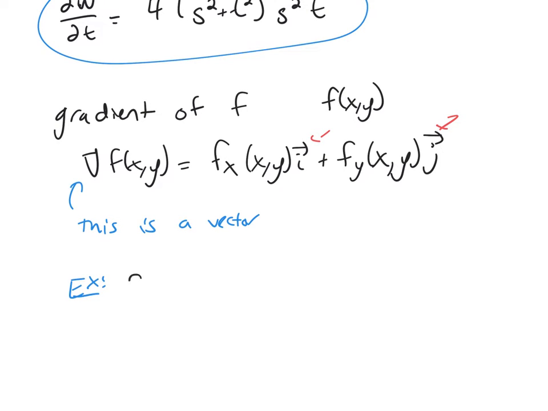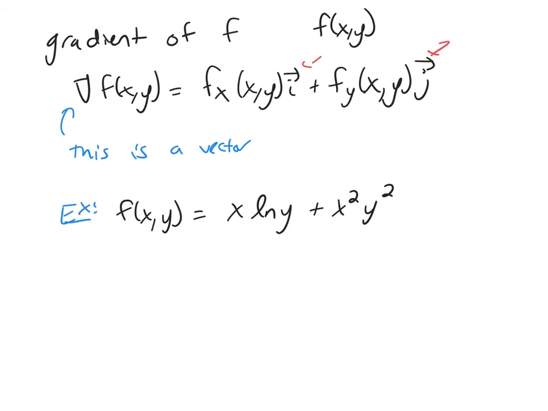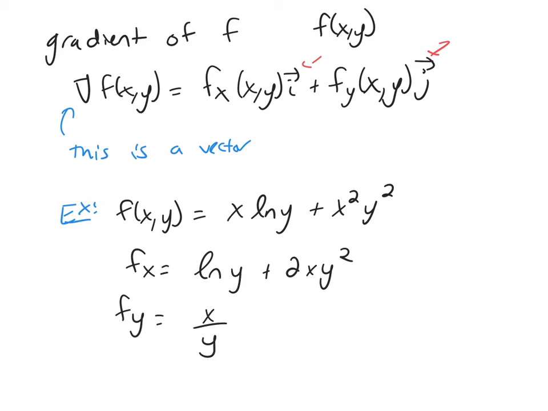Let's suppose f of x, y equals x ln y plus x squared y squared. So you need to find your two partial derivatives, fx. Take the derivative with respect to x, you'll get ln y plus 2xy squared. Fy would be x over y plus 2x squared y.